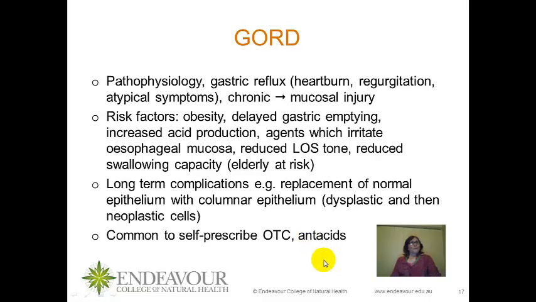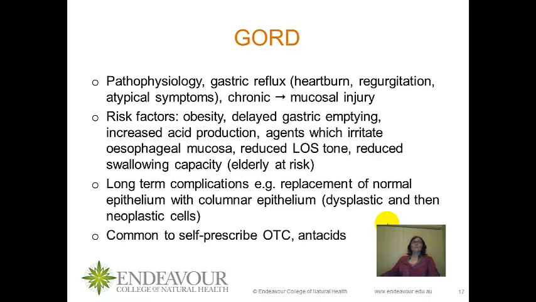With these people, they can commonly ascribe it to the gastric reflux if they get that regurgitation feeling in the throat, where they will then self-prescribe over-the-counter medications such as antacids.